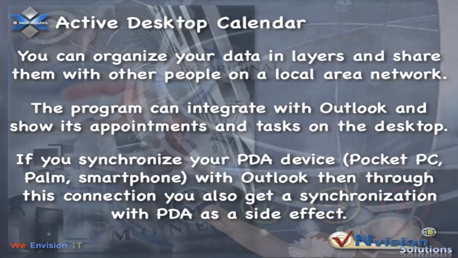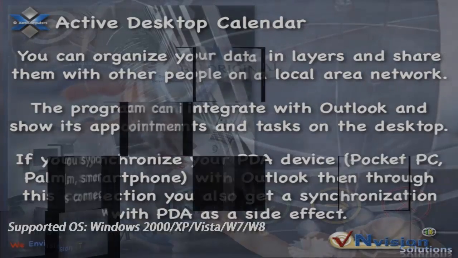And through that, you can synchronize your Active Desktop Calendar with the same mobile devices, because if you're integrated with Outlook and Outlook can synchronize with your mobile devices, that way you get a synchronization, and that is what they call here a side effect. So let's go in and take a look at specifications.